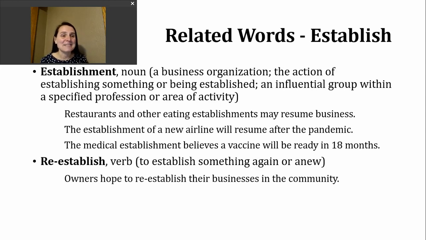Again, this is something that I saw in a newspaper article this week. By using that word establishments, they're also perhaps suggesting here coffee shops, ice cream shops, right? Things that might not technically feel like a restaurant, but are closely related to that type of business.